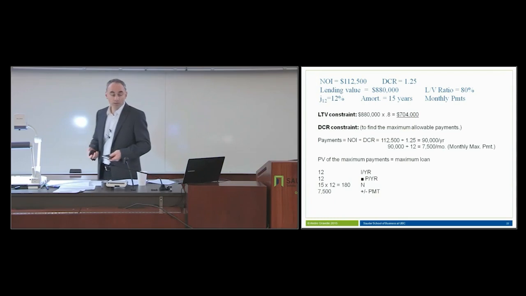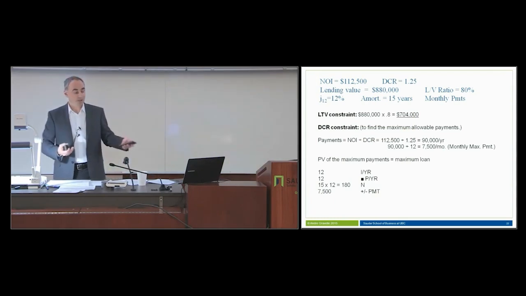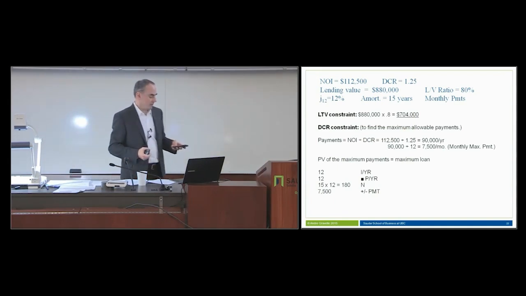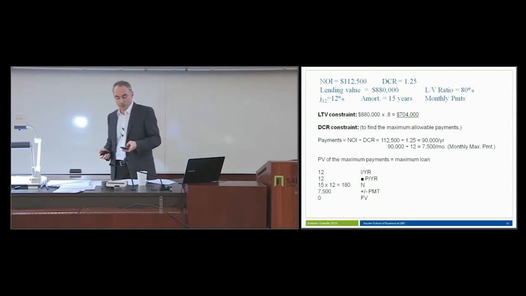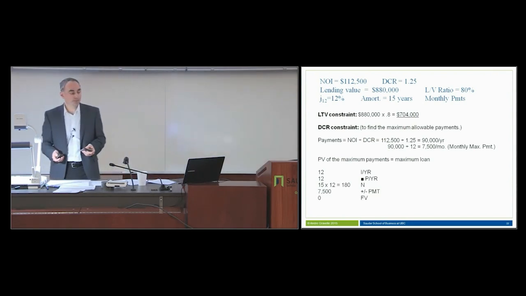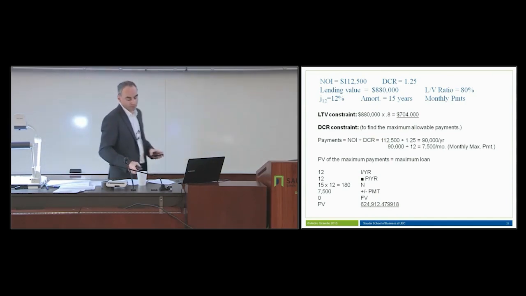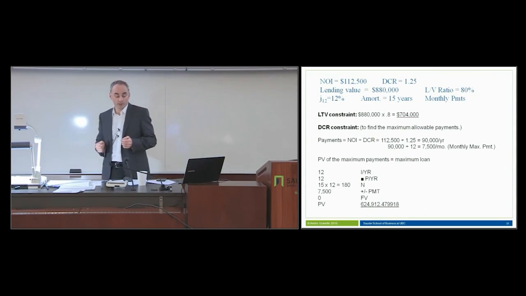Payments we've already determined were $7,500 per month, and they match our interest rate, and they match our payment frequency, so we're good. $7,500 is our payment. 0 is our future value. The last thing we do is hit present value. Okay. So we get a present value, $624,912.